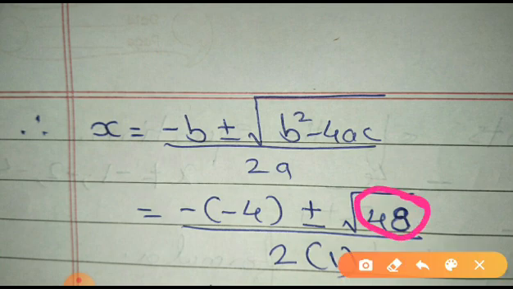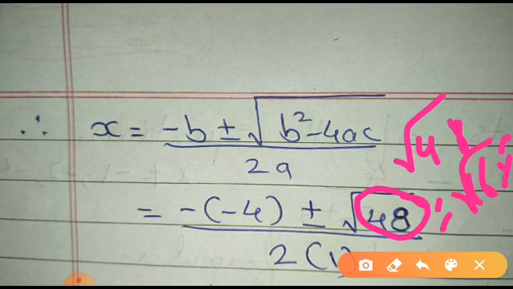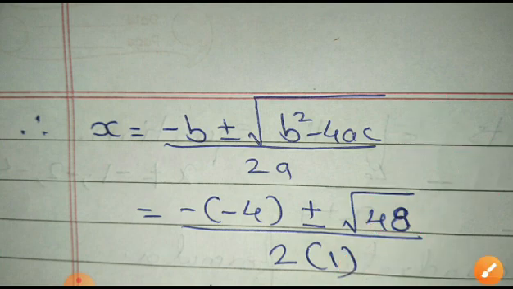Again, inside the root I have 48. Can I write 48 as a multiple of a square number? Yes, I may write root 48 as square root of 16 into 3, because the square root of 16 we know.